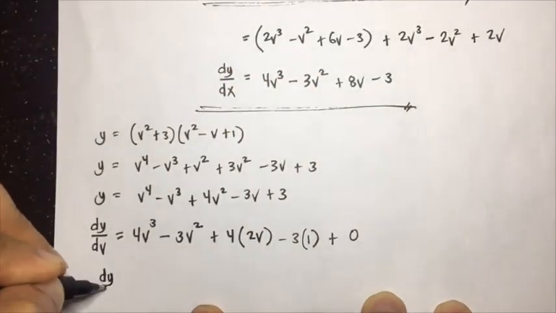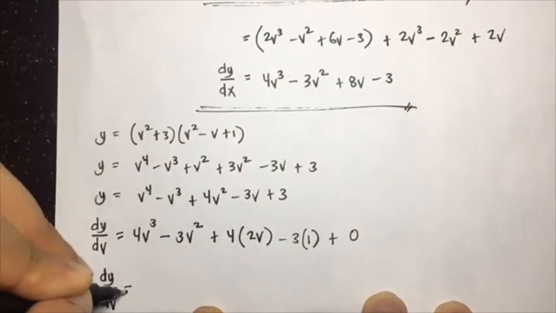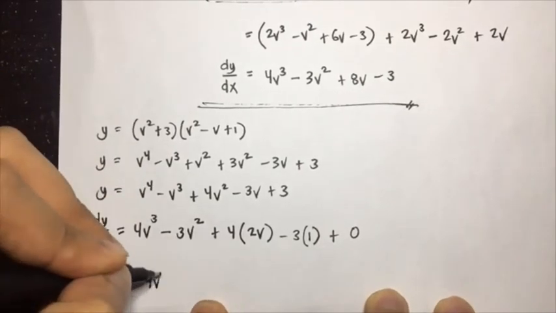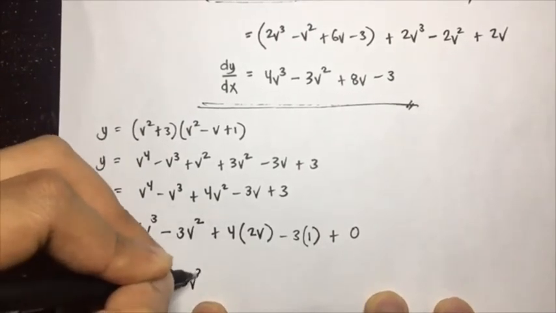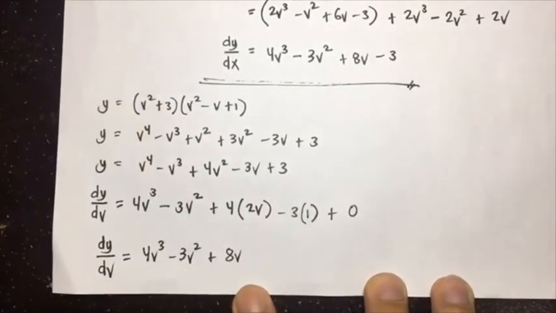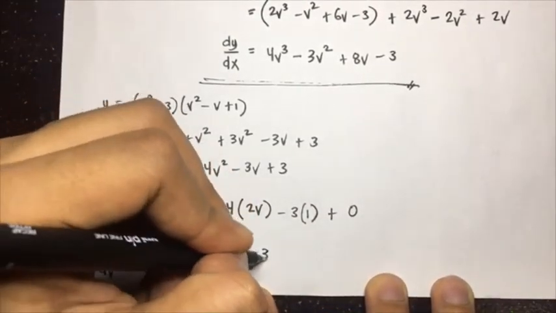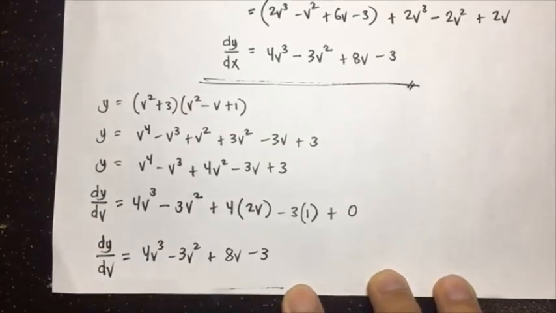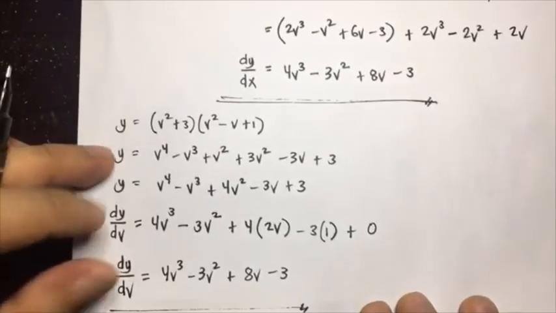So dy over dv is equal to 4v cubed minus 3v squared plus 8v minus 3. Okay, so we have the same derivative.